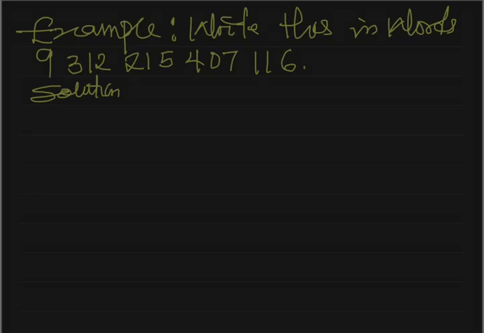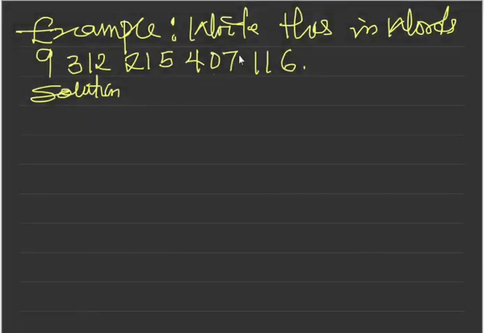Therefore, he said, write this in words: 9 trillion, 312 billion, 215 million, 407,116. So let's write it out.